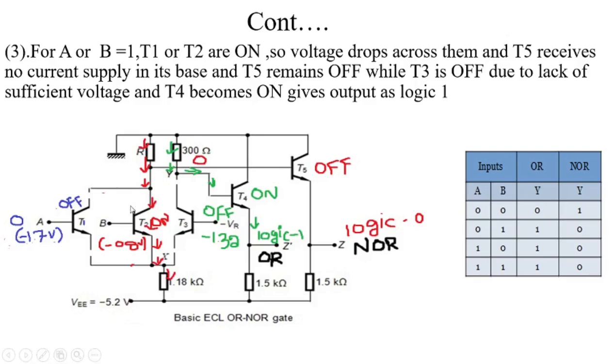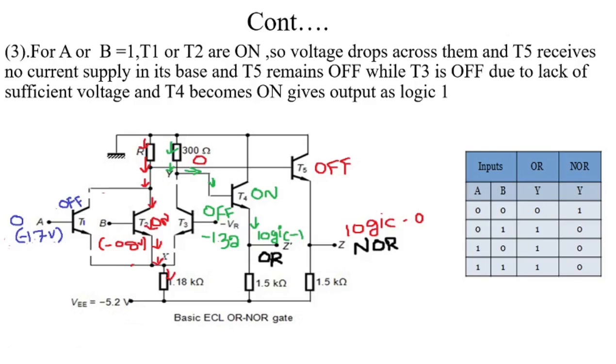It means that in this circuit any one of the inputs is high and the other input is low. For example, here we assume the T1 transistor input is logic 0 and the T2 transistor input is logic 1. We know that the logic 0 voltage is minus 1.7 volts, and for logic 1 voltage we consider minus 0.8 volts.